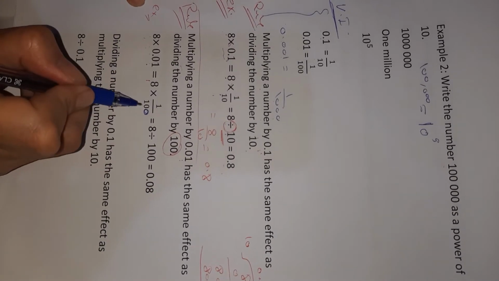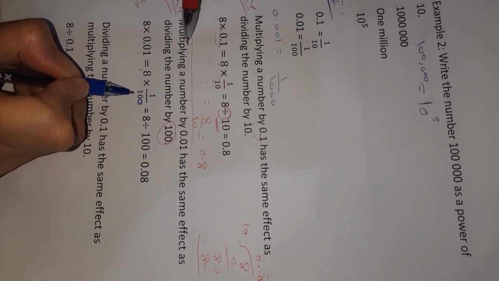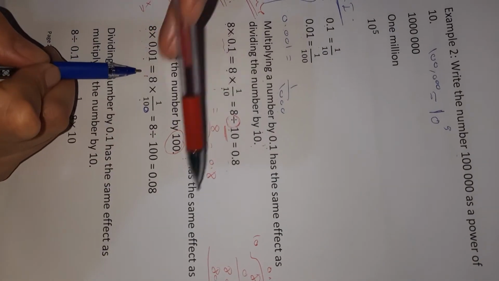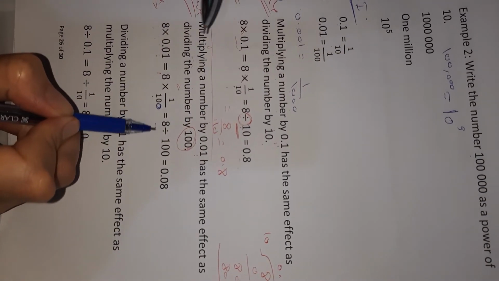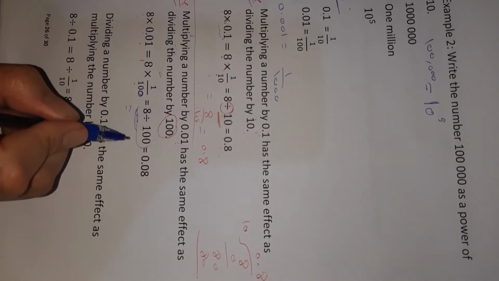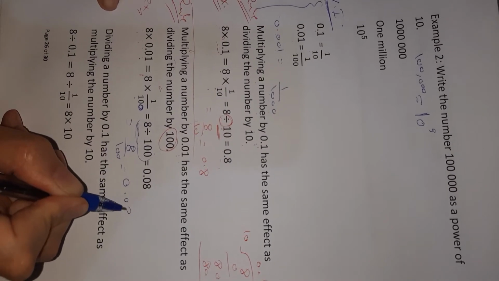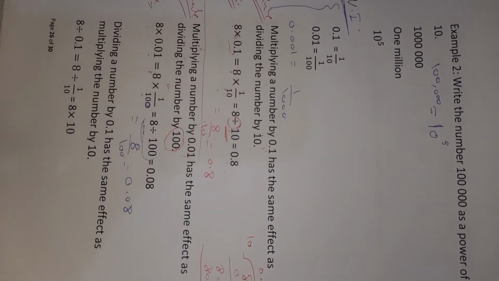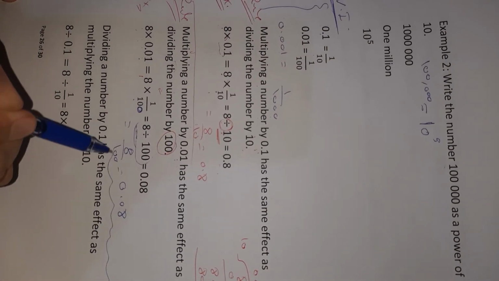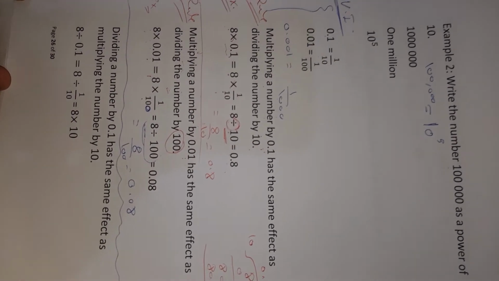Multiplying a number by 0.01 has the same effect as dividing the number by 100. This is 8 divided by 100, which means 8 out of 100, or 0.08. This is for multiplying. Now, let's talk about dividing.